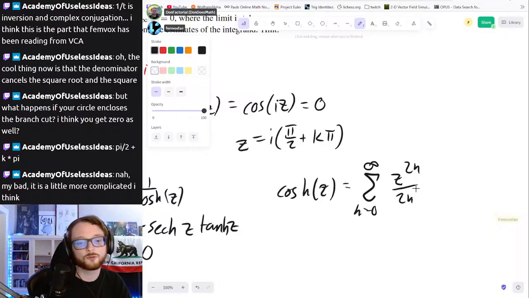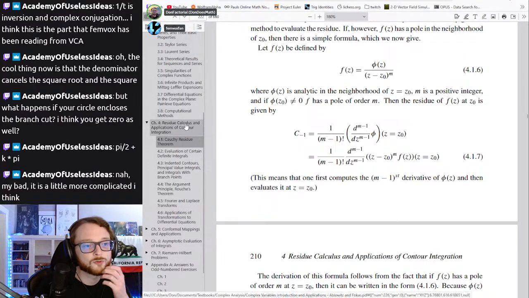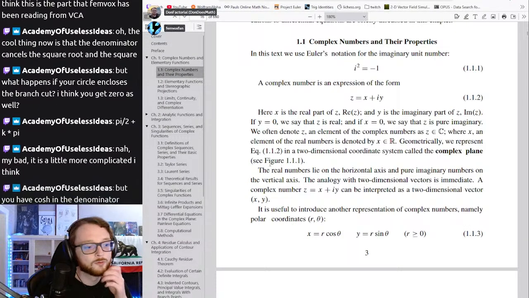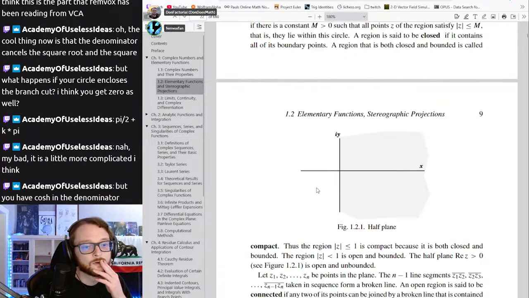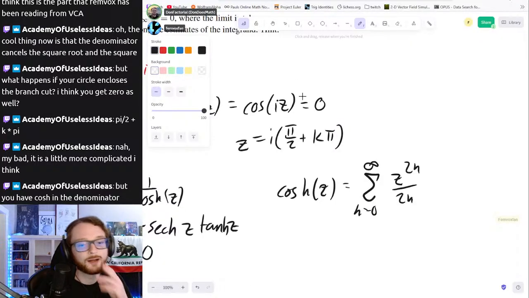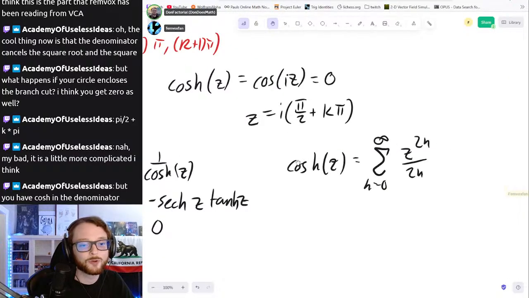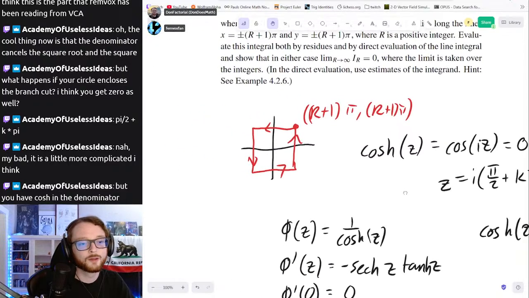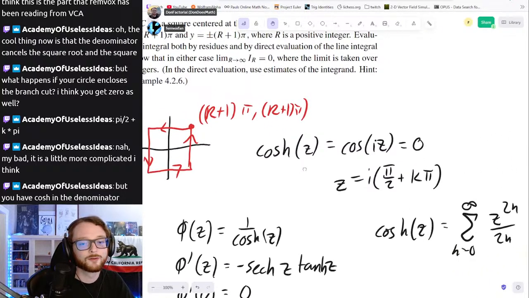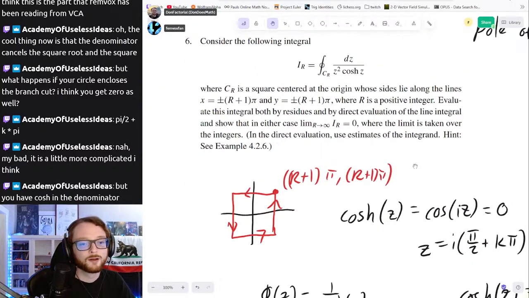Unless that expansion is only for real numbers, and for complex numbers it's something else. Cosh in the denominator. Ah, that's a good point, Slim. How does that change when cosh is in the denominator?